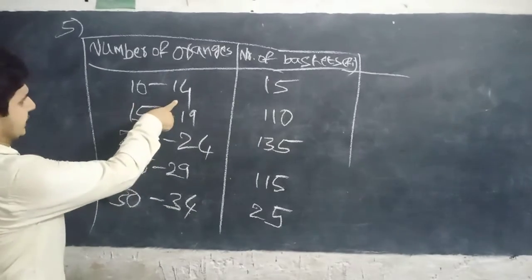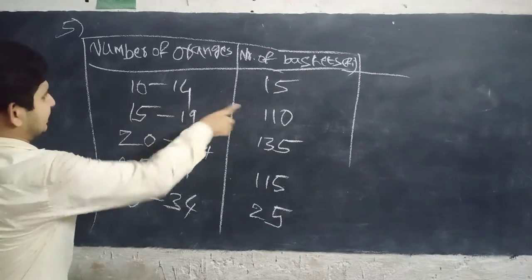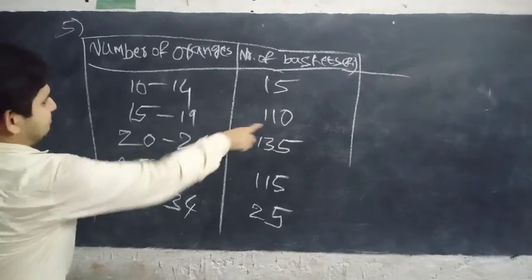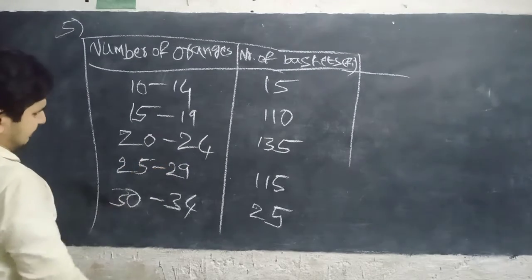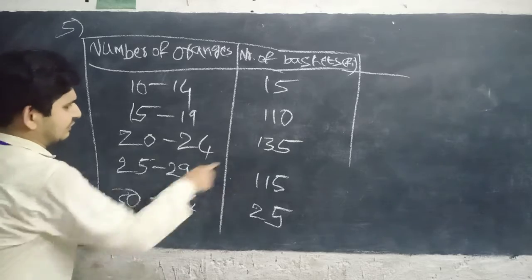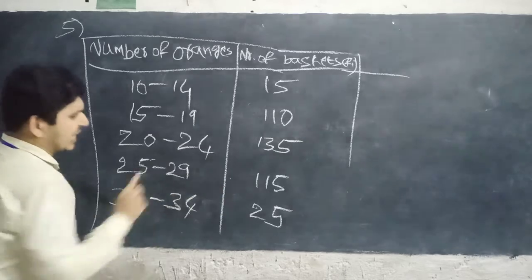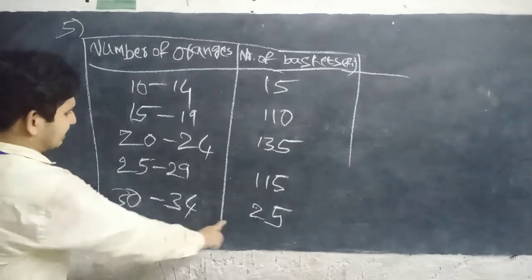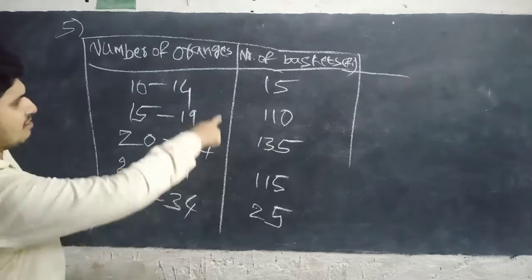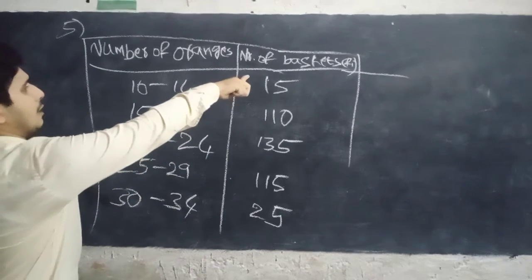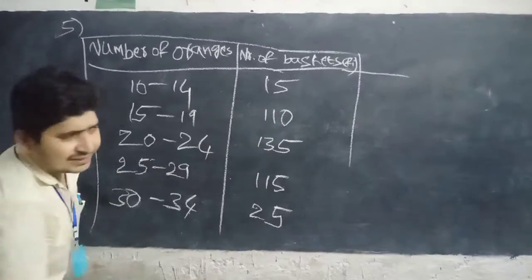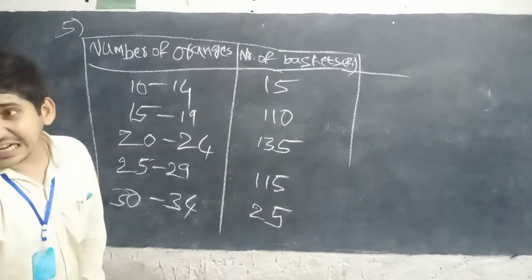Now 10 to 14, 15 to 19 is 110, 20 to 24 is 135, 25 to 29 is 115, 30 to 34 is 25. Now count the number of baskets. Okay?